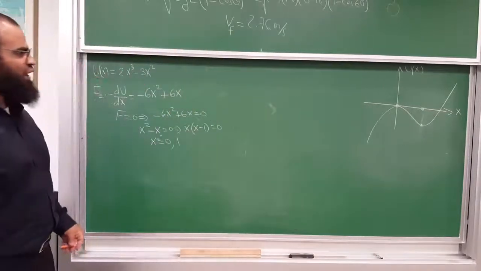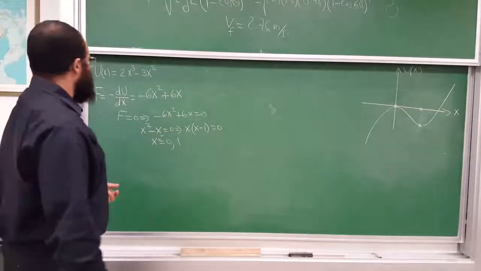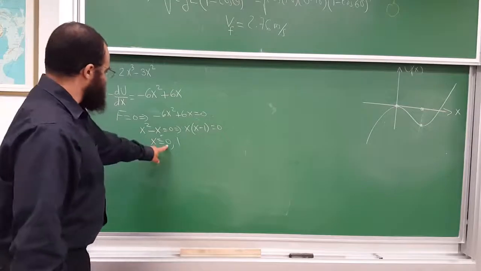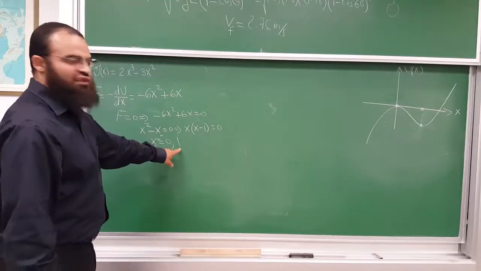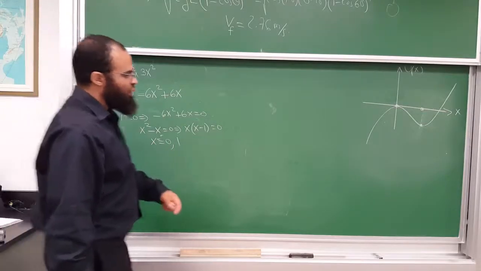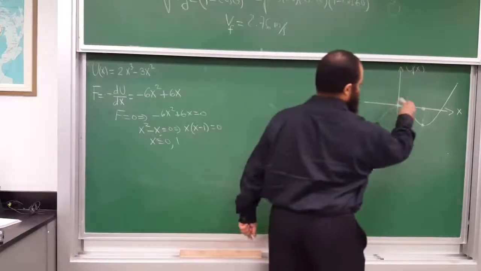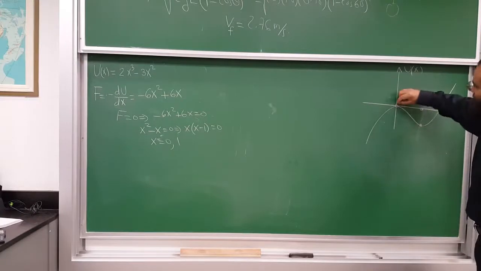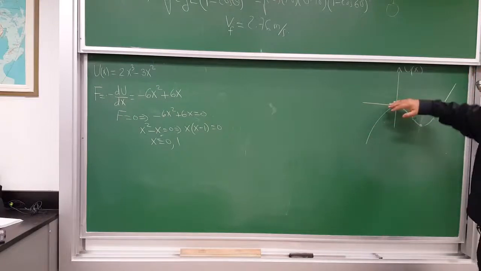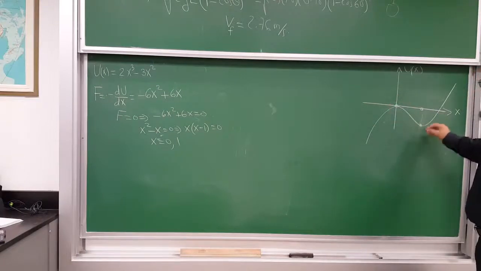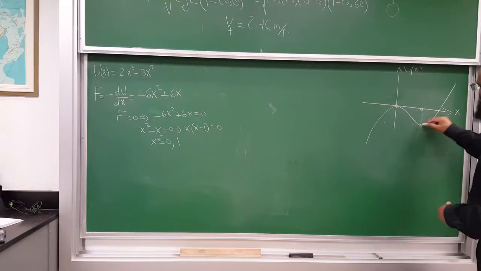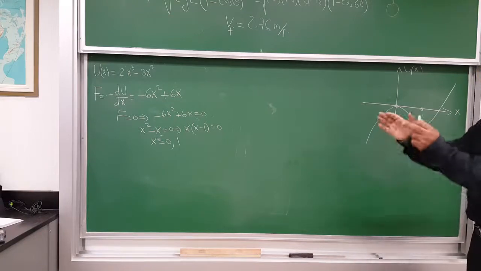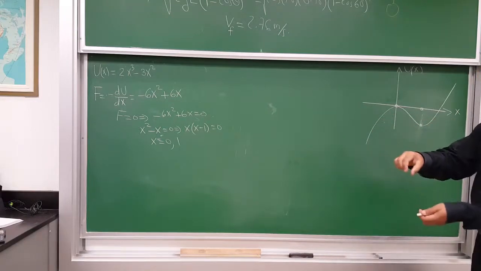Let's just confirm that. They ask, is this a stable equilibrium? And is this a stable equilibrium? Well, at 0, the function looks like this, so it's an unstable equilibrium. Imagine you put a little mass here. If you disturb it to the left or to the right, the mass falls off. However, imagine a little bowl with a bead on it.